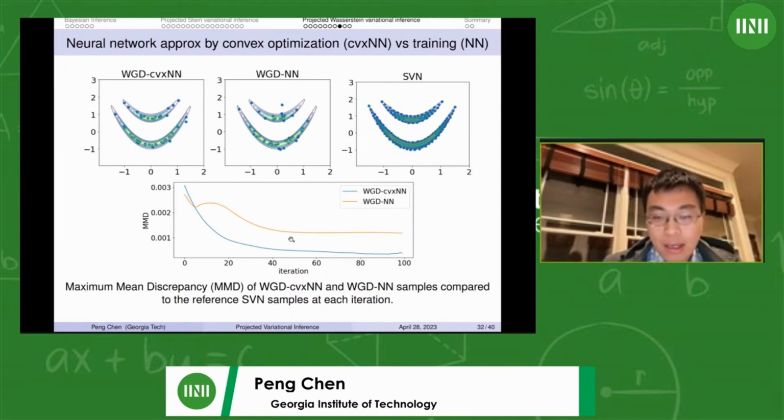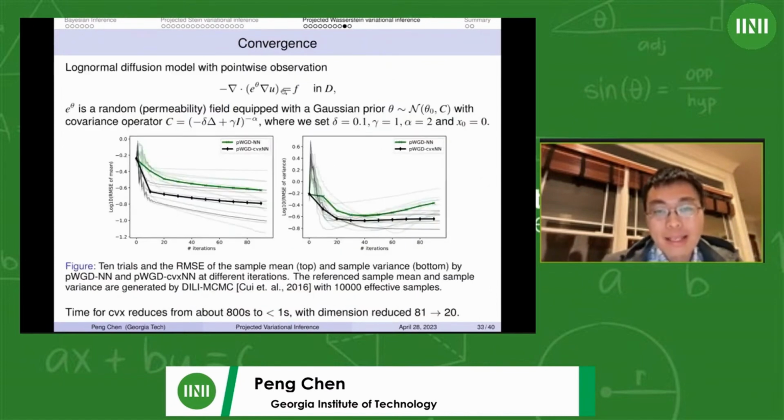I can see the smaller error by the convex optimization than the direct training of the neural network. And here is a test again on a nonlinear problem. We can see that this convex optimization obtained the smaller error and converged a bit faster.